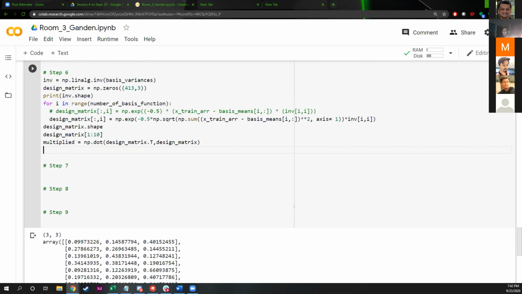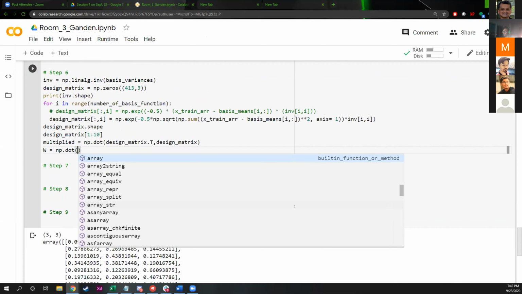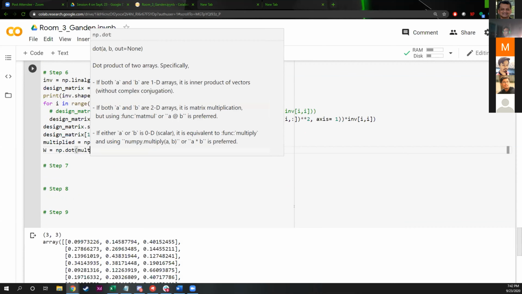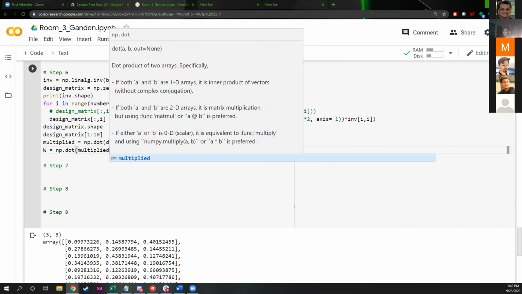So W equal to np dot inverse of multiplied.